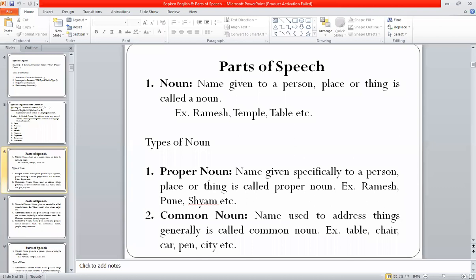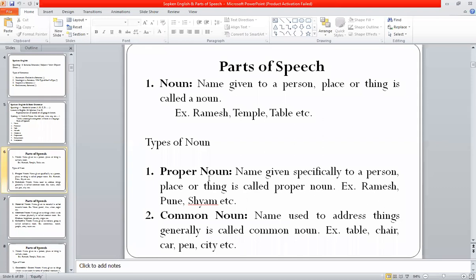It is used for naming purposes. What are examples of noun? The examples of noun are Ramesh, temple, table, Taj Mahal, Kashmir, New York. These are called nouns.